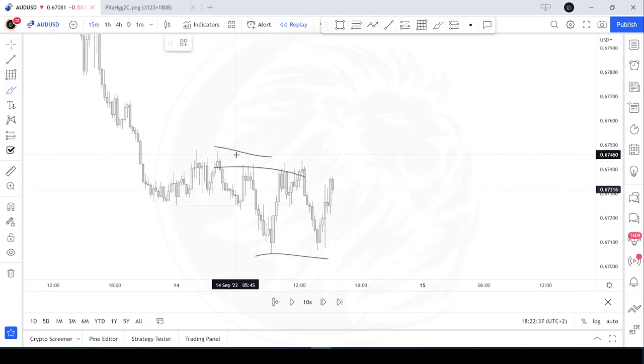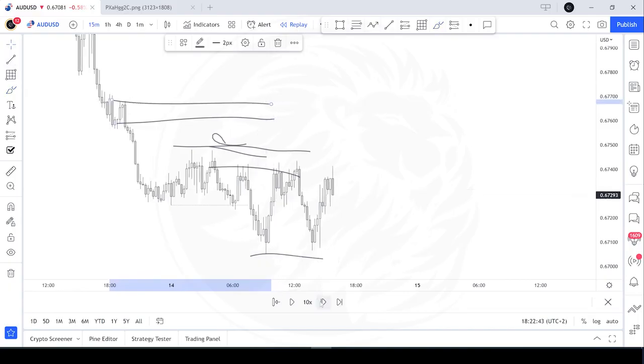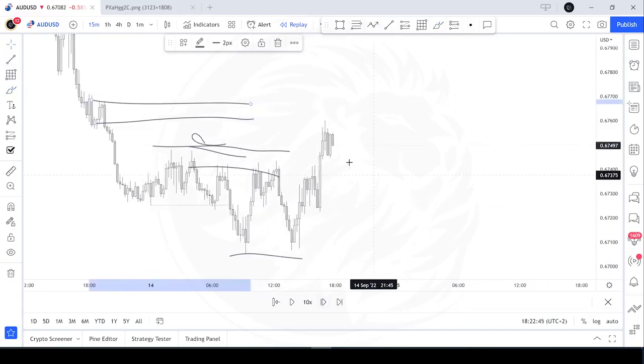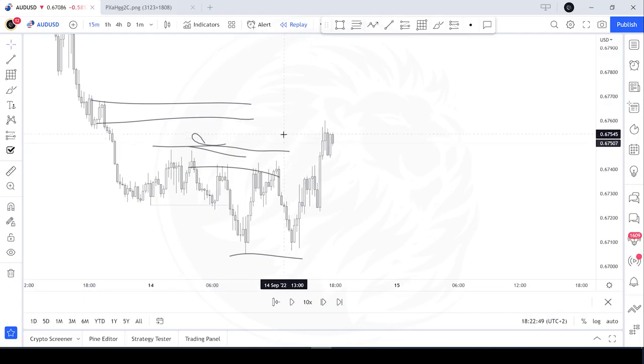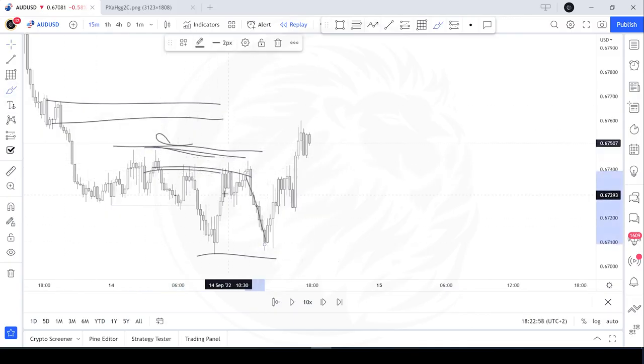So here price will surely use that as liquidity. And as you can see, price used this high as liquidity because this high doesn't break any low in the market structure. So this high doesn't break any low.